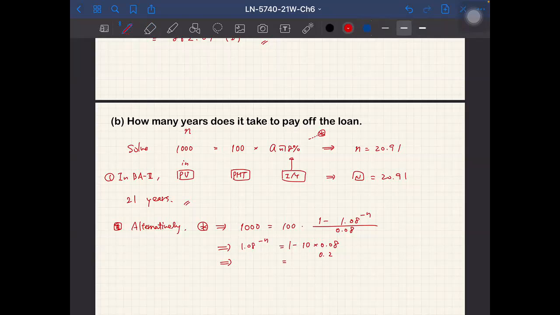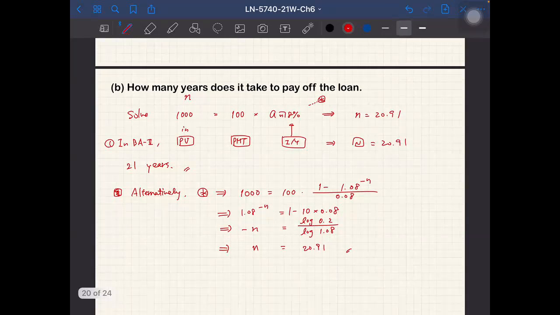If we take the logarithm, this is the log of 0.2 equals negative n times log of 1.08, so we divide by log of 1.08. Then we solve that n is equal to 20.91. You can just plug numbers into a calculator to get 20.91. So anyway, 21 years is the answer.